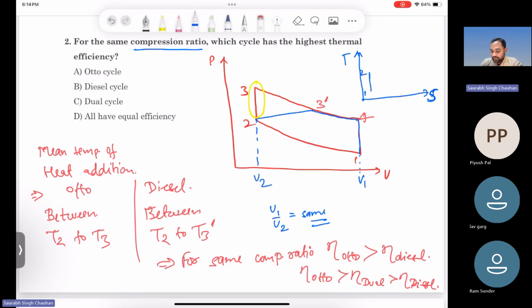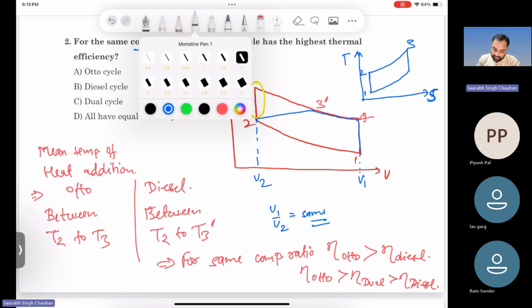If you want to make it for the Otto cycle, then 2 to 3 will be a constant pressure process, 3 to 4 is isentropic, and 4 to 1 again is constant pressure.